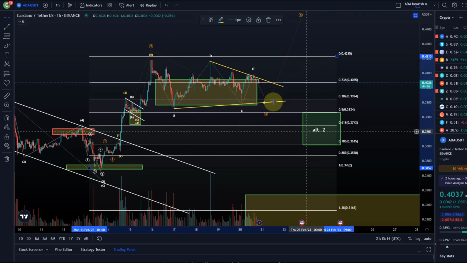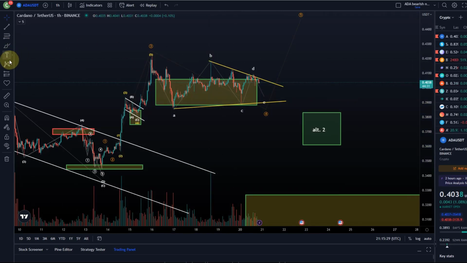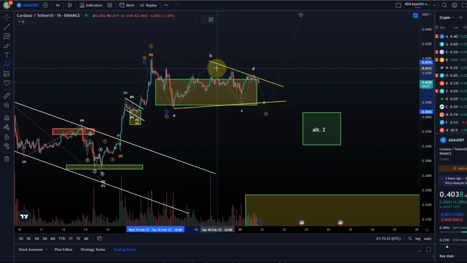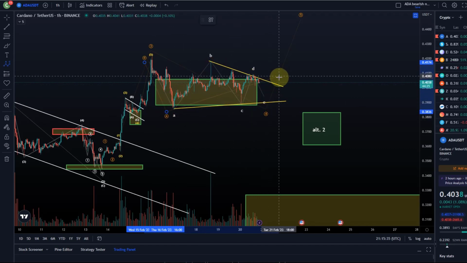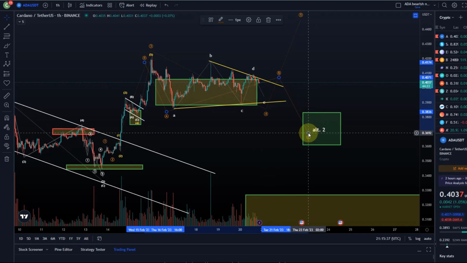But the thing is, the move down isn't really impulsive at this stage, so I'm rather looking at something like a triangle here. But it could still be an A wave, B wave triangle. And if this is a B wave triangle, let me illustrate that for you. If we've got something like this, A wave down, A, B, C, D, E, the B wave would sit here and then the C wave down.